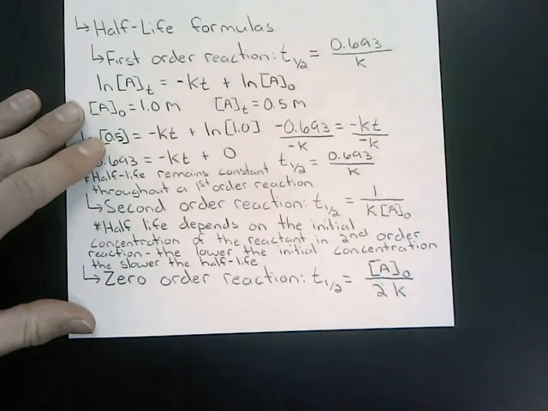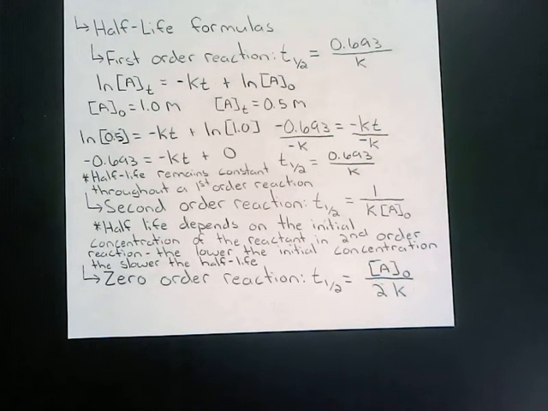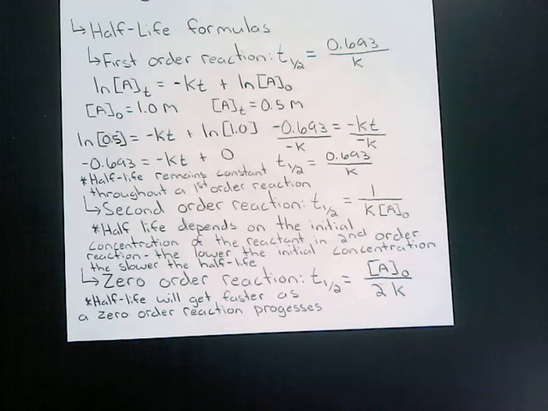And so the last statement I want to make here is about the zero-order reaction. For a zero-order reaction, the half-life will get faster each and every half-life. Each half-life will be cut in half for a zero-order reaction.